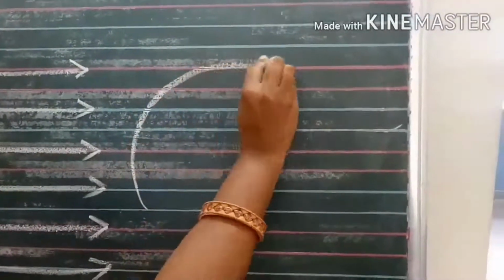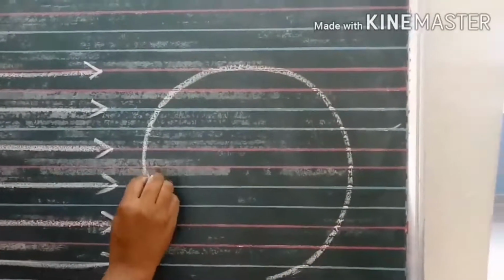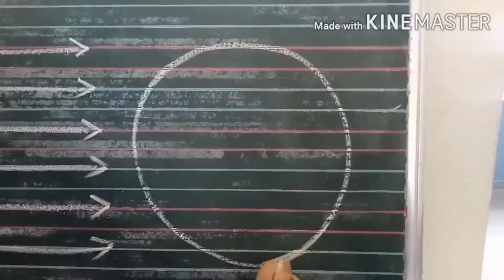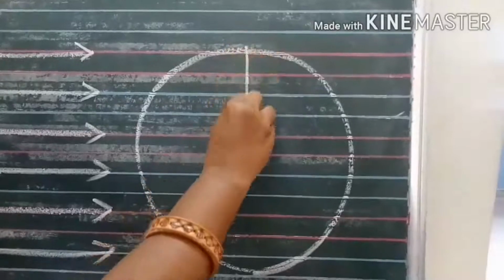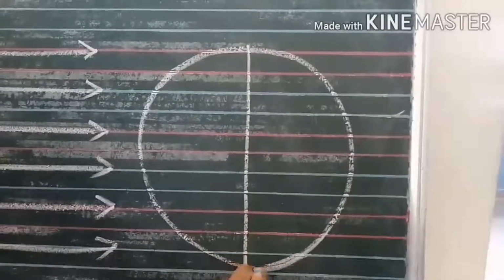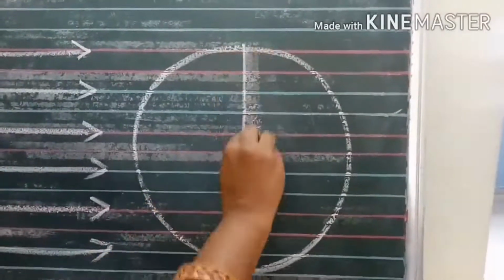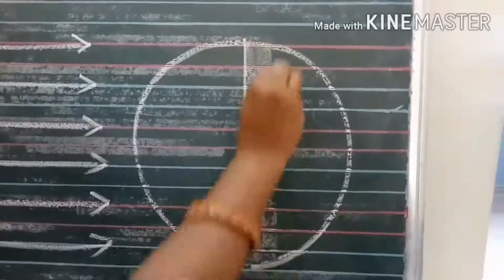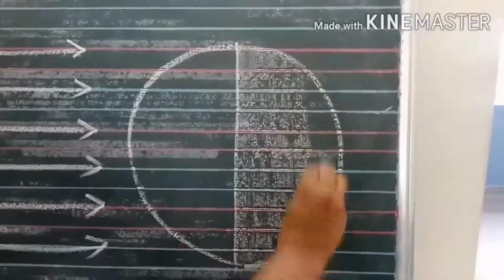Now draw a circle again. Now divide the circle into two parts. The right side of the part you have to give shading.